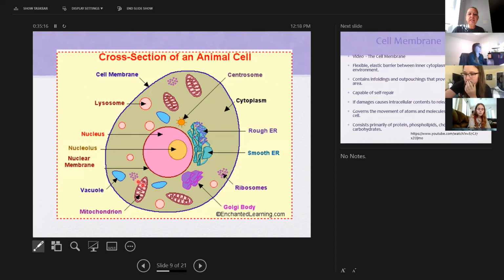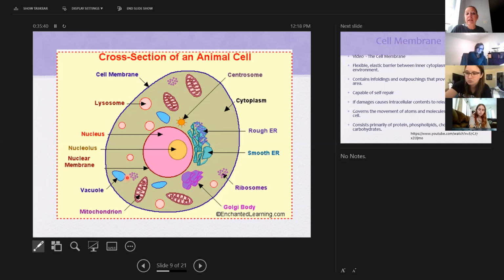Here, everything inside is our cytoplasm, and included we have our organelles, which are our tiny organs, including here the rough and smooth ER, Golgi body, our mitochondria, vacuole.